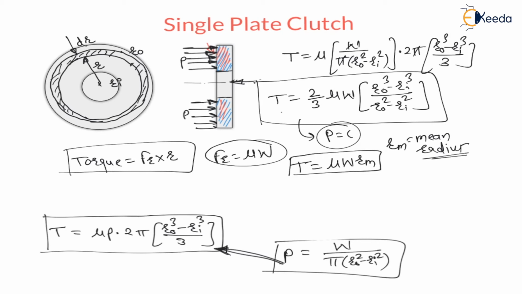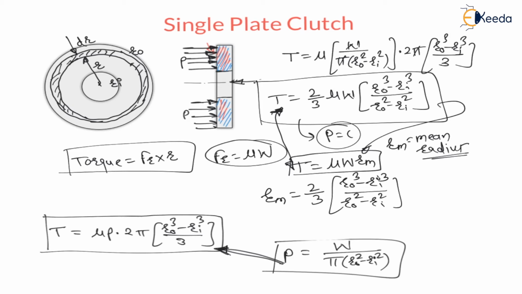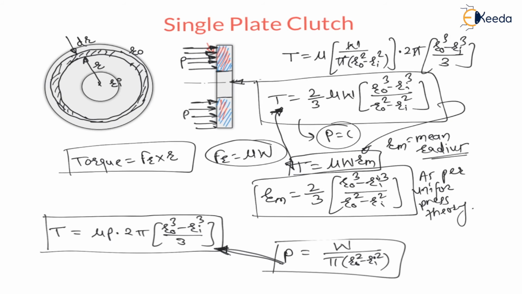Therefore by equating these two equations, we will get the mean radius of friction is equal to 2 by 3 into Ro cube minus Ri cube divided by Ro square minus Ri square. This is the mean radius of friction as per uniform pressure theory. Very, very important.